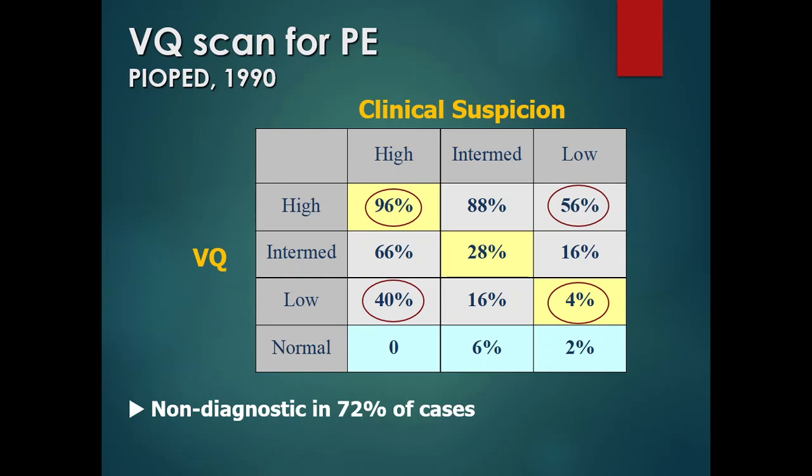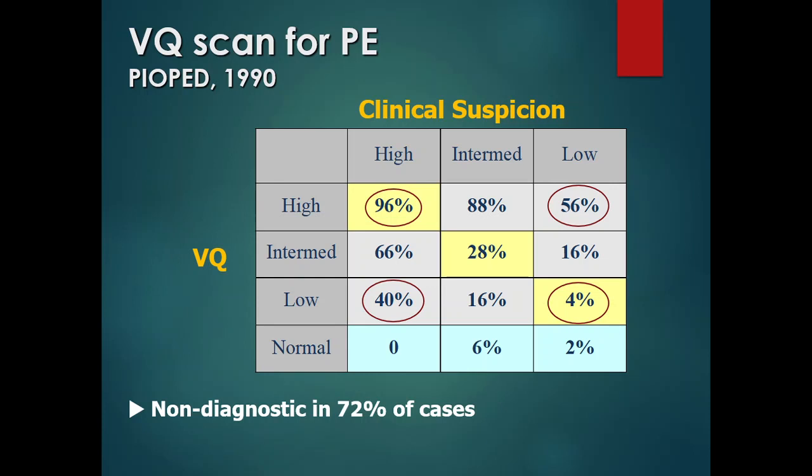However, the interpretation of the VQ scan is difficult, and it is dependent on the clinical suspicion. Let's say the physician has a high clinical suspicion: my patient developed acute dyspnea, hypoxemia, his chest X-ray is normal, I don't have any explanation, he just had an orthopedic surgery, so my clinical suspicion is high.